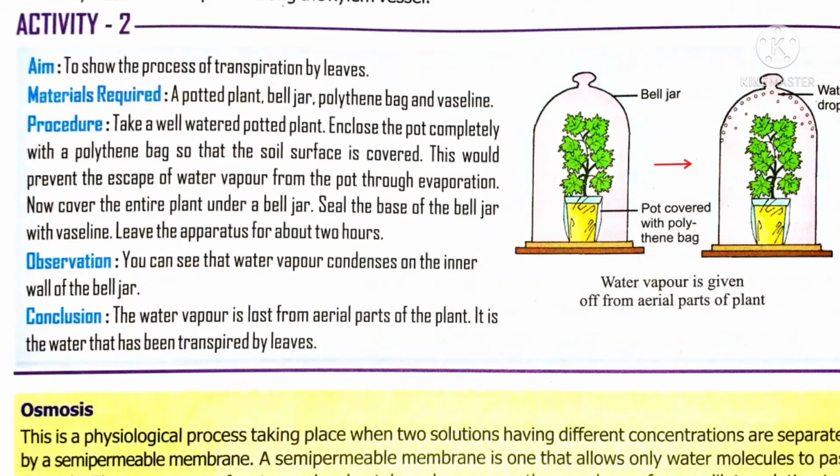Through these, transpiration of water occurs. This water we can see on the inner surface of the bell jar. From where do we get this water? From the plant. So what is the process called? Transpiration. This shows that water vapor is lost from the aerial part of the plant by the process of transpiration.